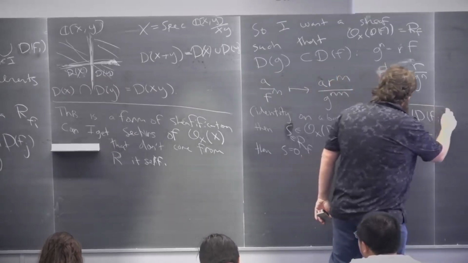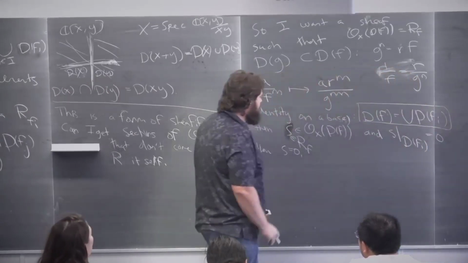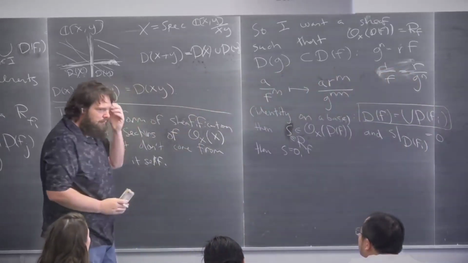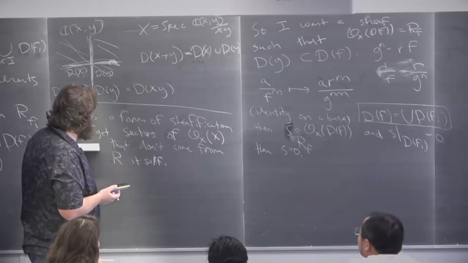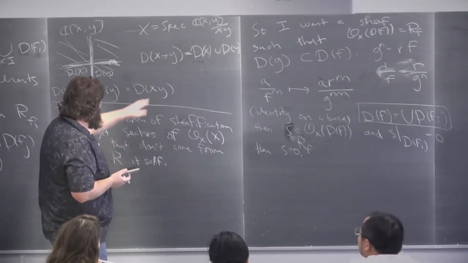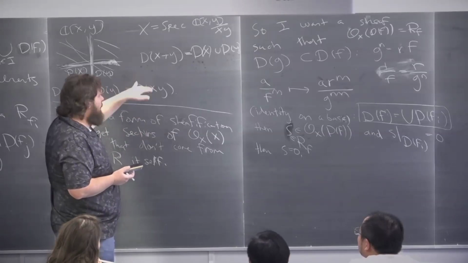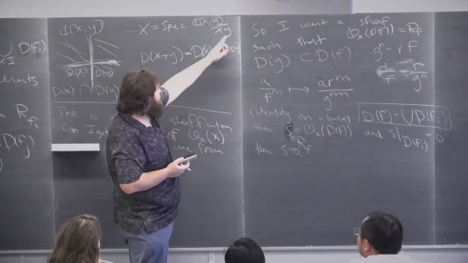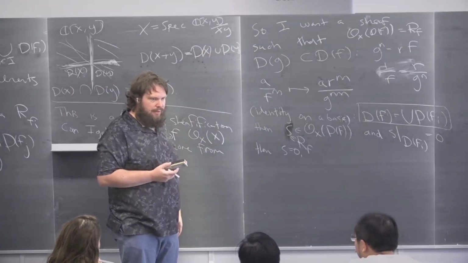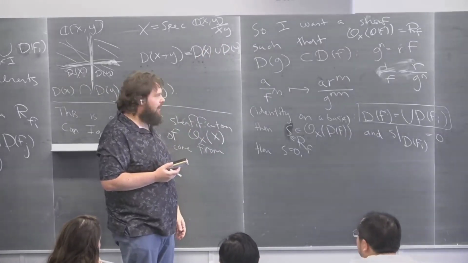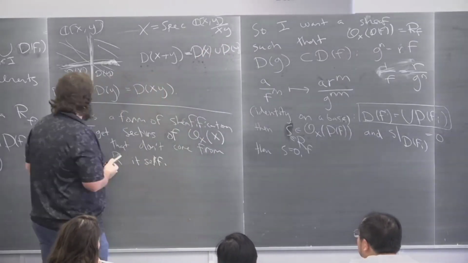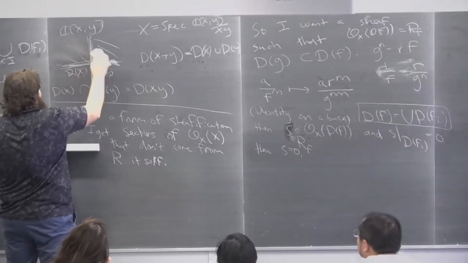All right, well, I have to use this property. Why is this true? Well, if X times Y is 0, then one of X or Y is 0. Look at the picture.